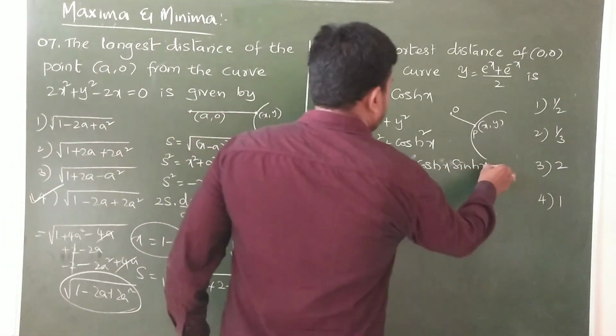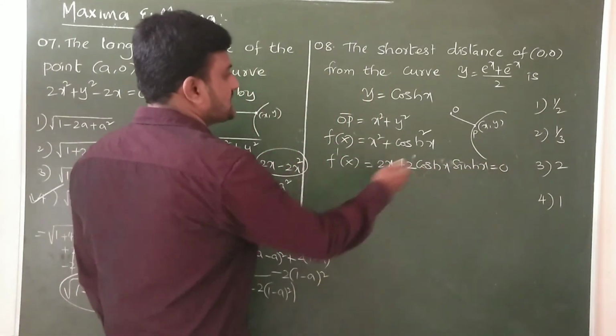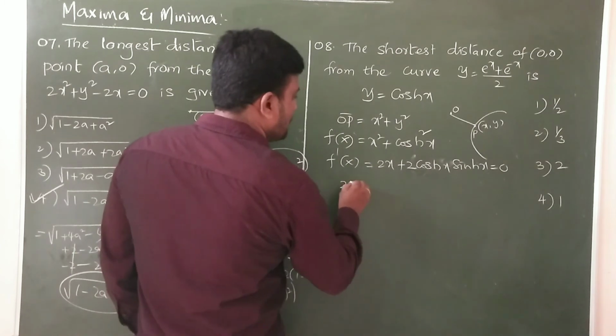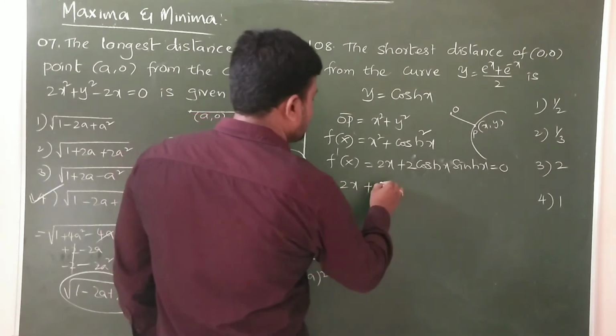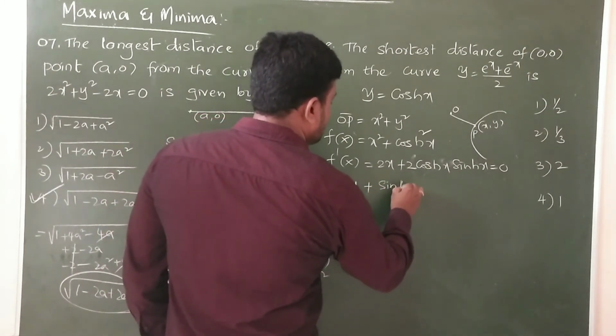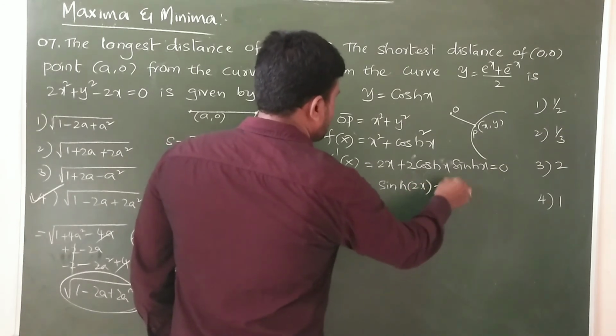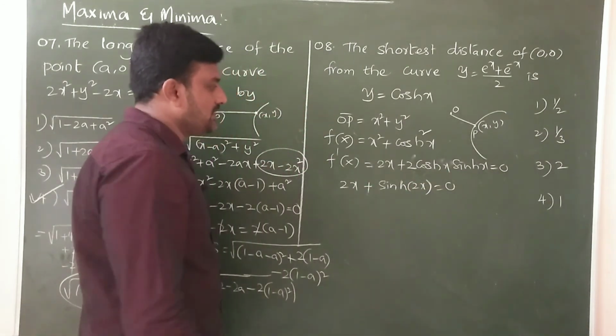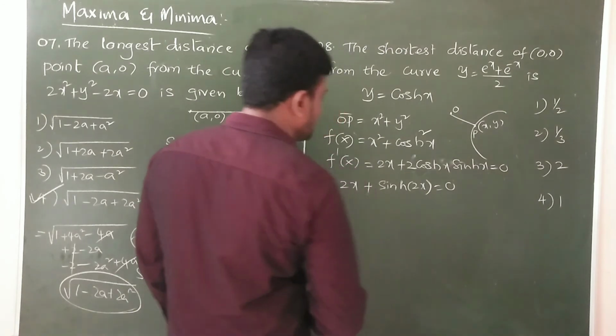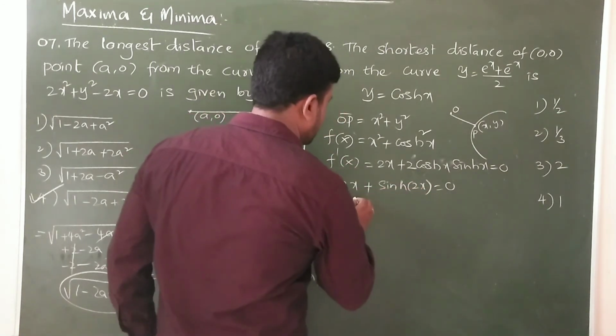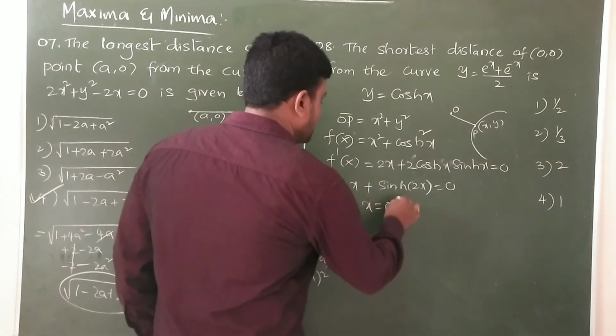Now it should be 0, because we need the point where 2x plus sin h2x equals 0. Definitely it should be x equals 0, because x equals 0 satisfies this equation. Then x equals 0.